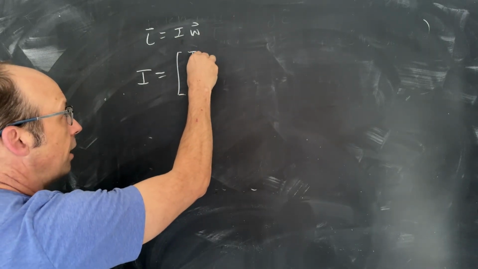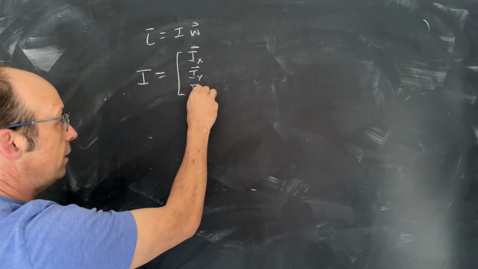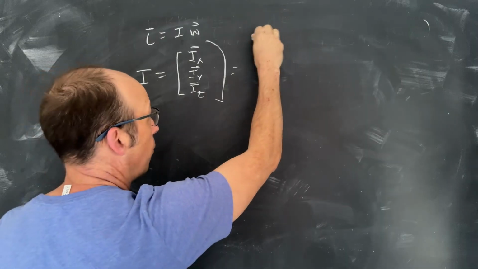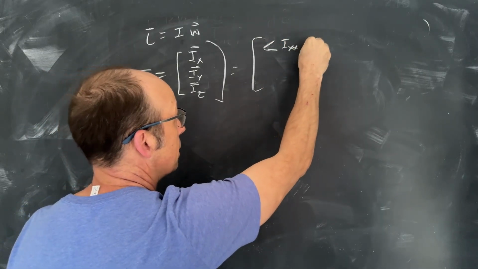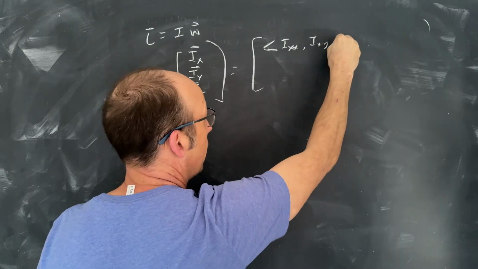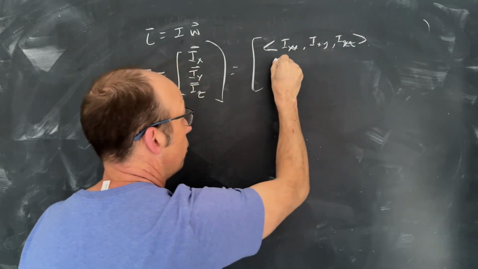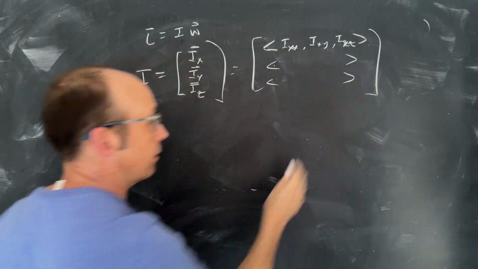I'm going to call this Ix vector, Iy vector, Iz vector. And I'm going to write one of them out. This is going to be the vector Ixx, Ixy, Ixz. And then I'm going to do the same thing for the Y and the Z vectors like that.